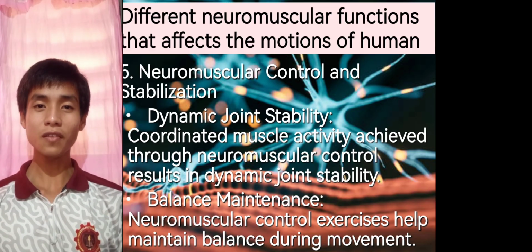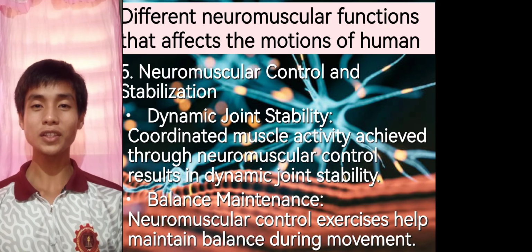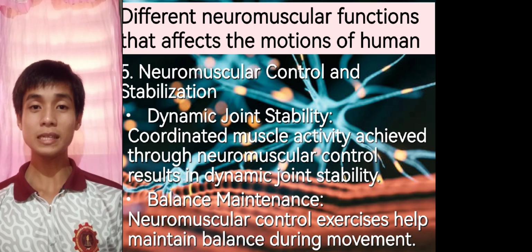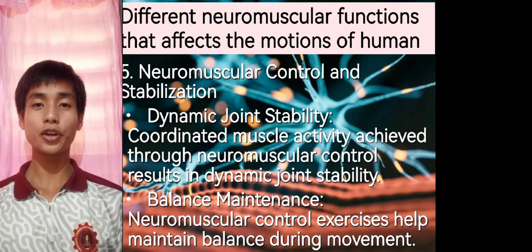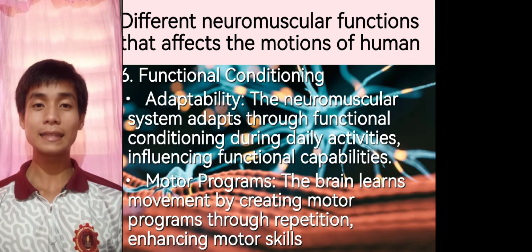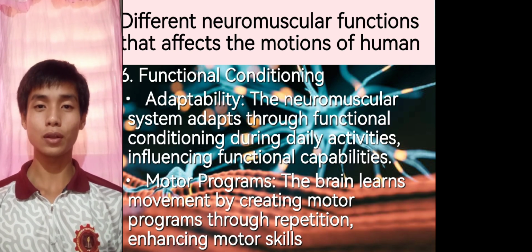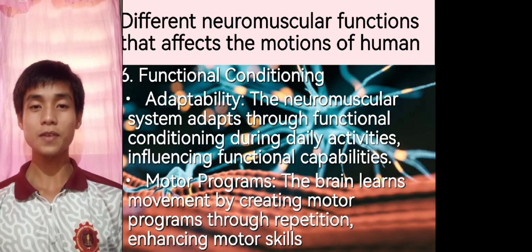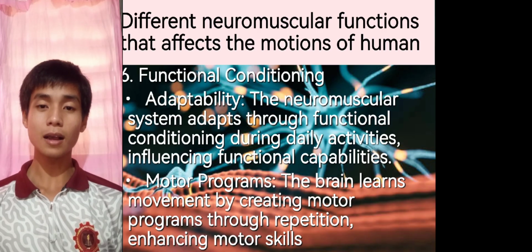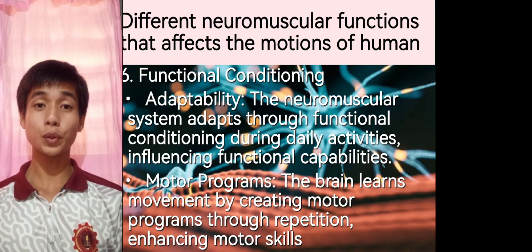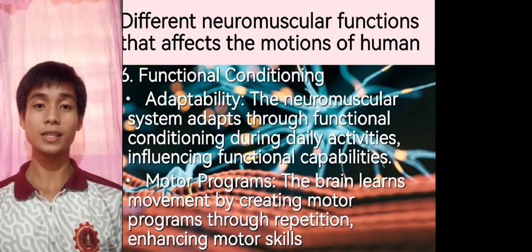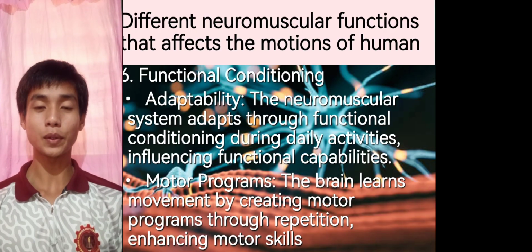Lastly, our final function is functional conditioning, which is how our neuromuscular system adapts and improves through regular activity and training. Under this, there are two parts: adaptability and motor programs.